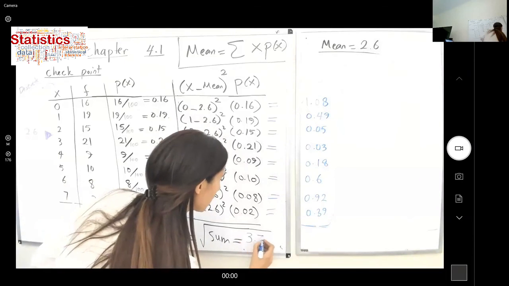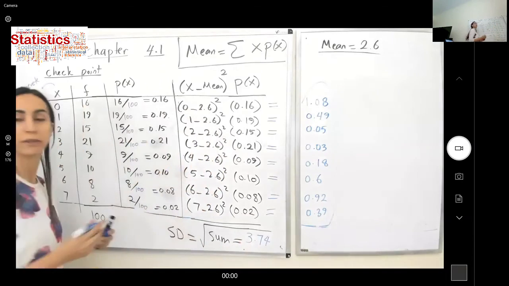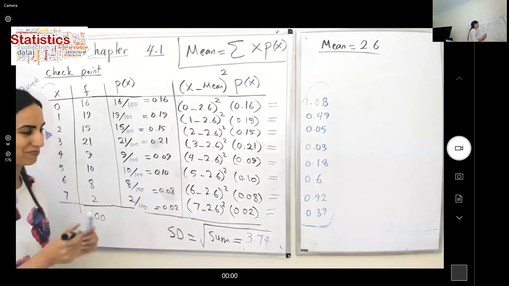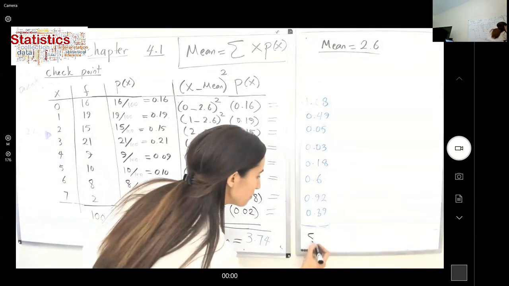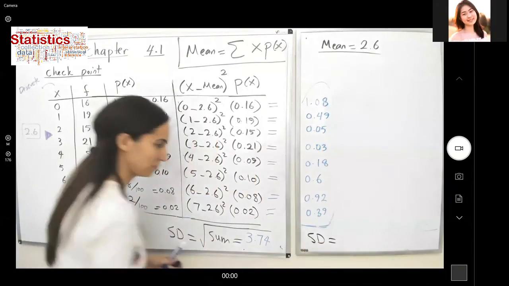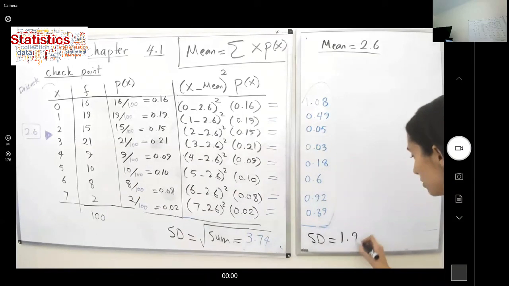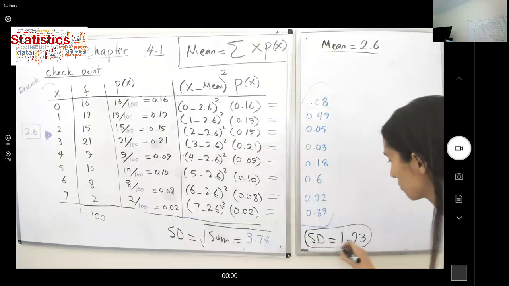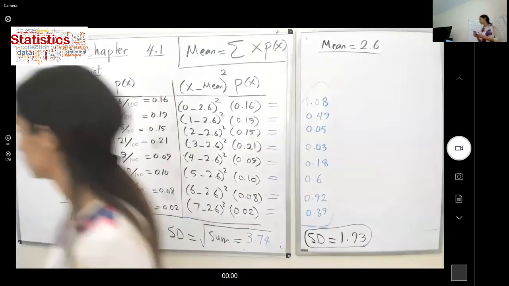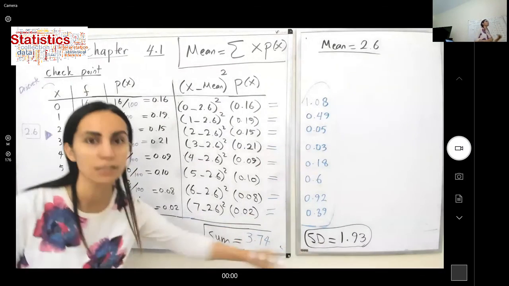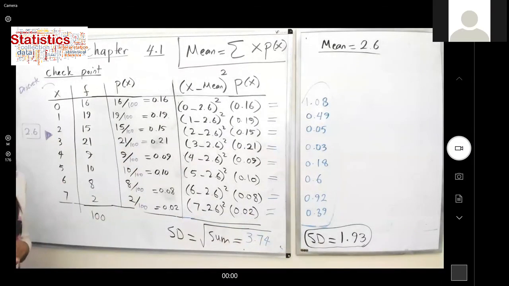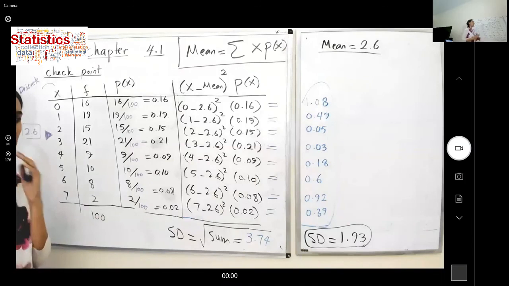And what's the square root of 3.74? 1.93. Standard deviation. So if you round it up, you get 2.